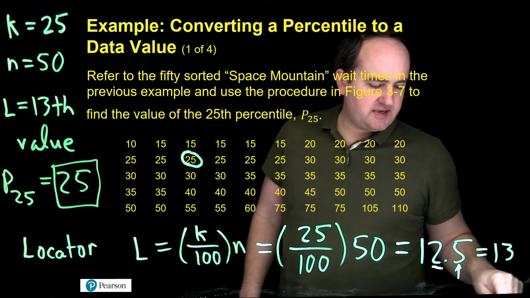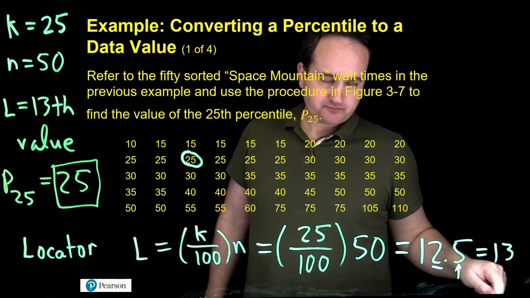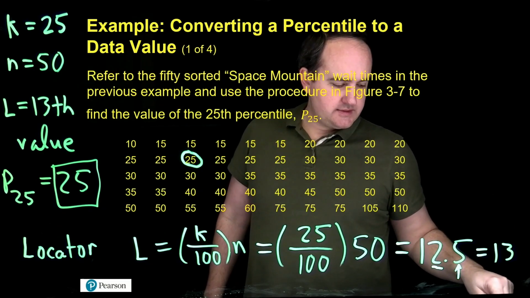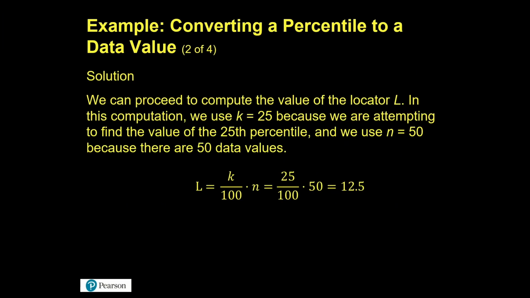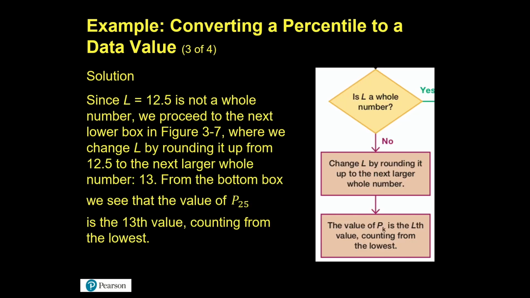If we look at the slides, we're going to see that the book got the same thing as we just did. They calculated the locator the same way we did. They got 12.5, and following the flowchart, since 12.5 was not a whole number, we rounded up, and that gave us 13 for the locator.